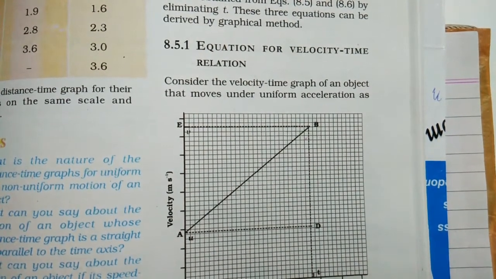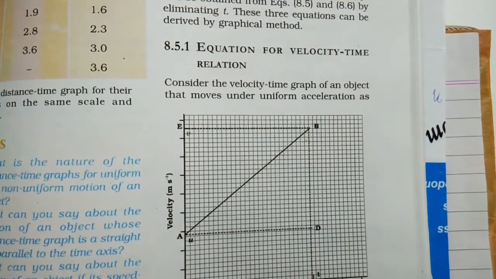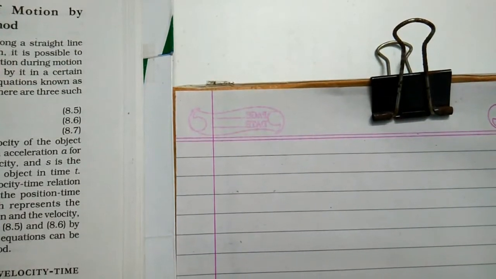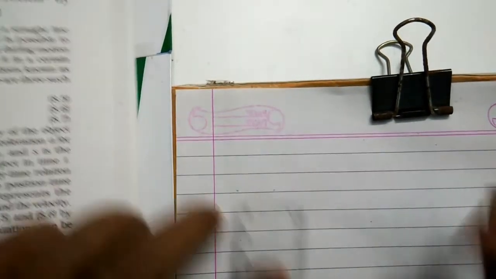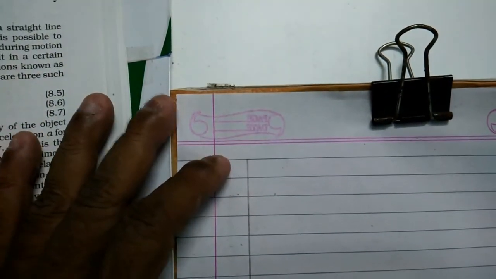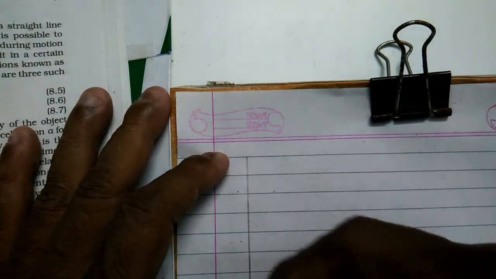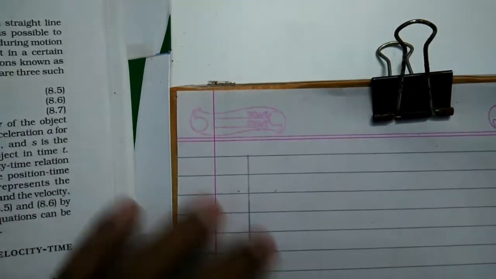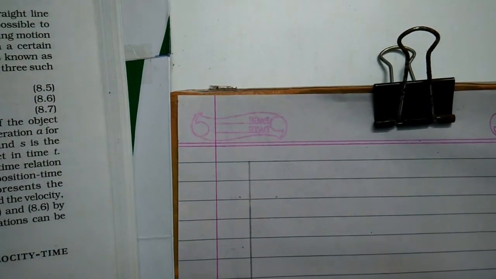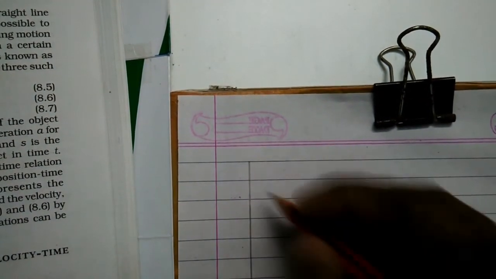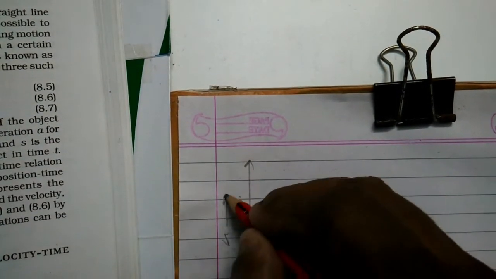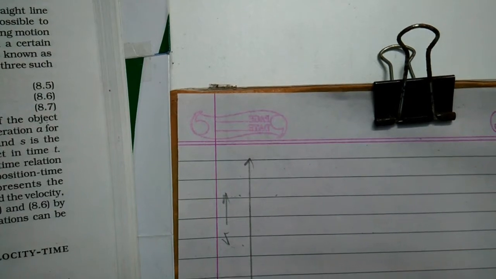Consider first the equation for velocity to time relation. Okay, we draw this graph. This is the velocity to time graph, v, and this is time t.